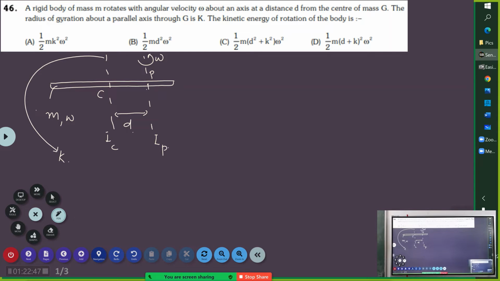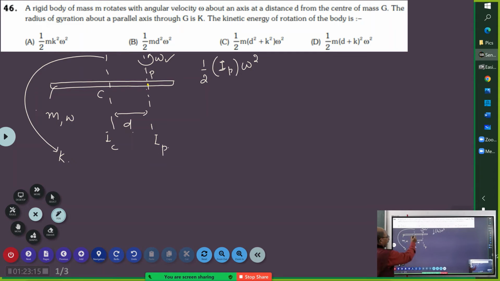So what is the kinetic energy of rotation of the body? See, you understood the problem? Actually, the body is rotating about this axis with omega. So therefore the kinetic energy will be half IP omega square. Got it? Yes, sir.